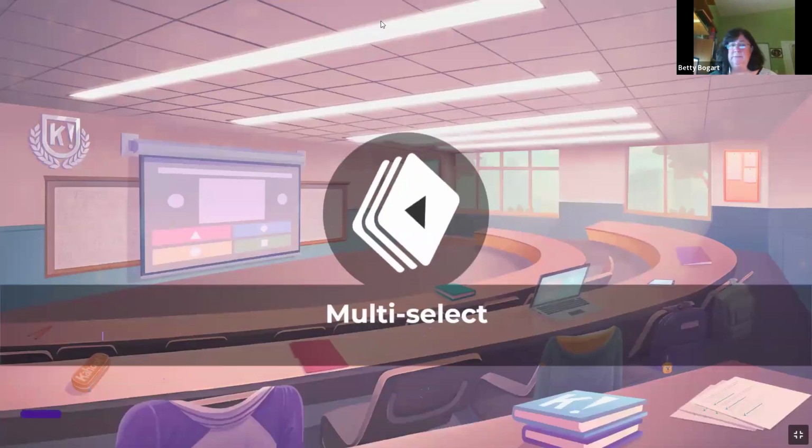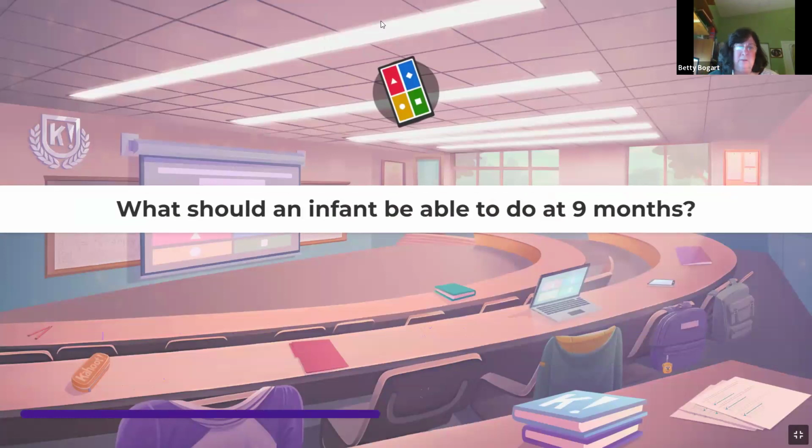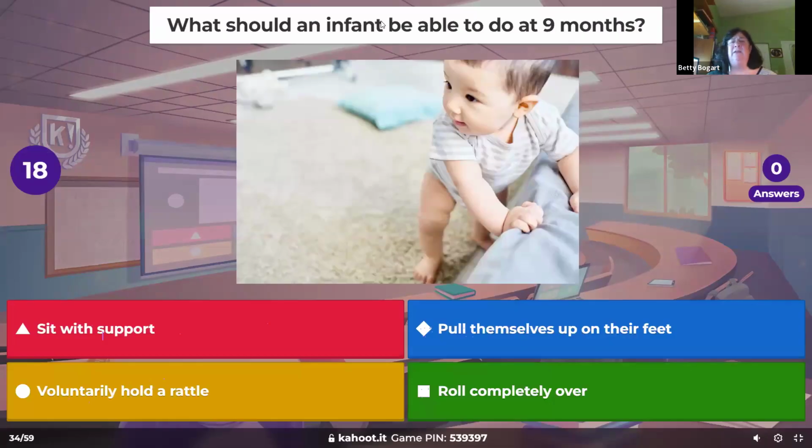What should an infant be able to do at 9 months old? What can they do? And this is basically your gross motor skills.